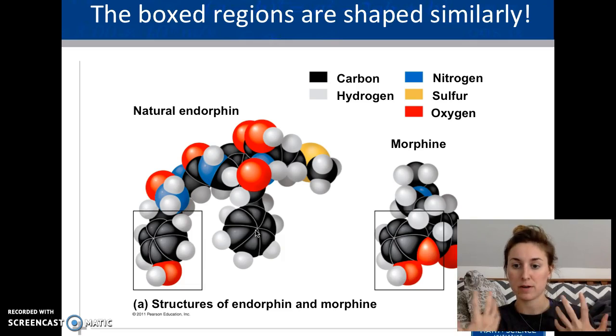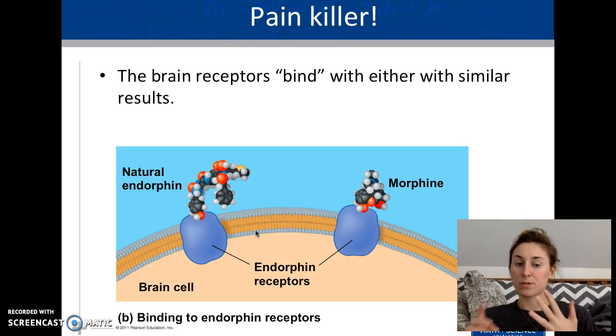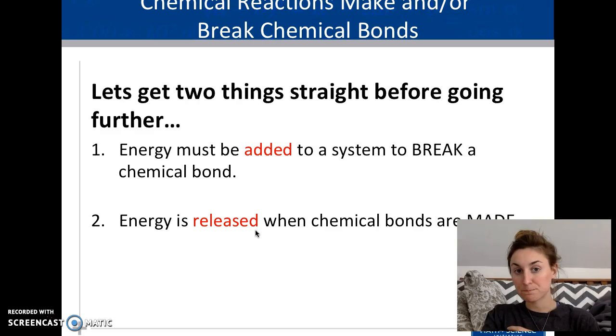Endorphins, right, you get when you are running, the runner's high, or you're happy, and morphine is just a slight change from that, but that can make it much more addictive. The same with it being a painkiller. This is why a lot of painkillers are highly addictive, because they are so similar to what we naturally form.